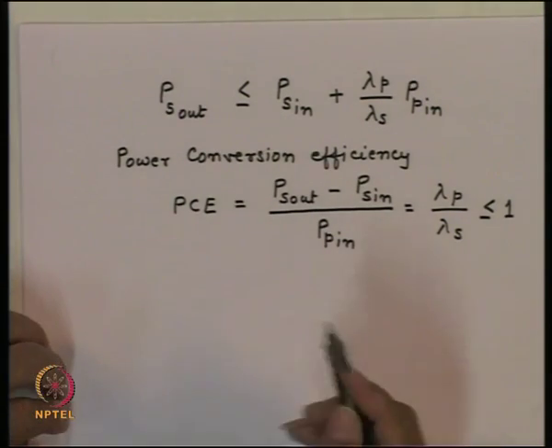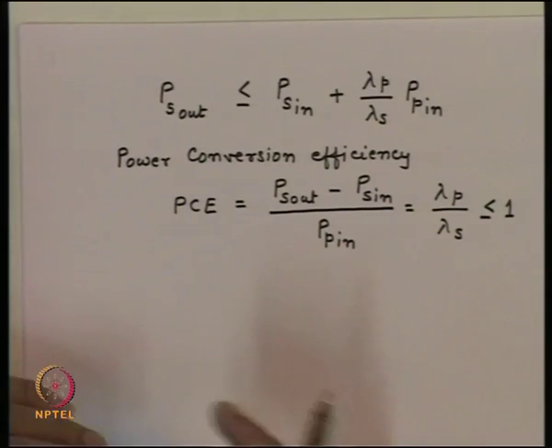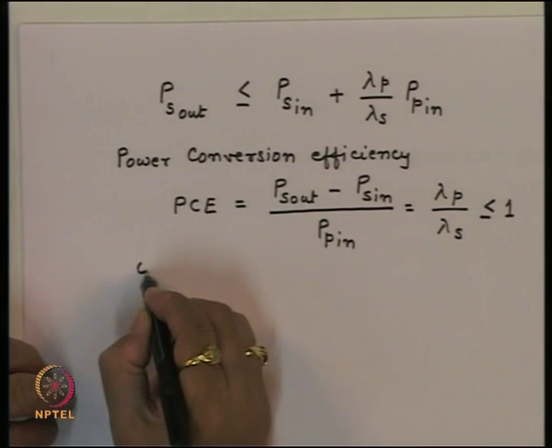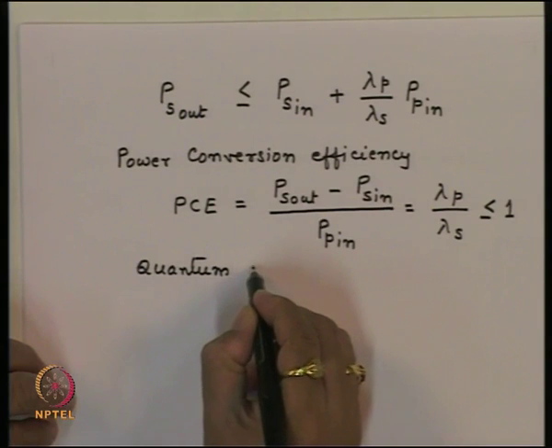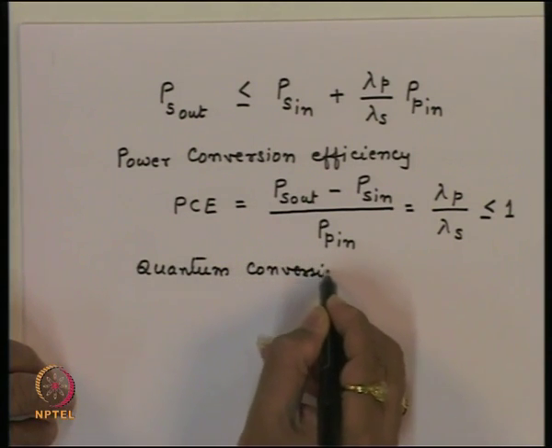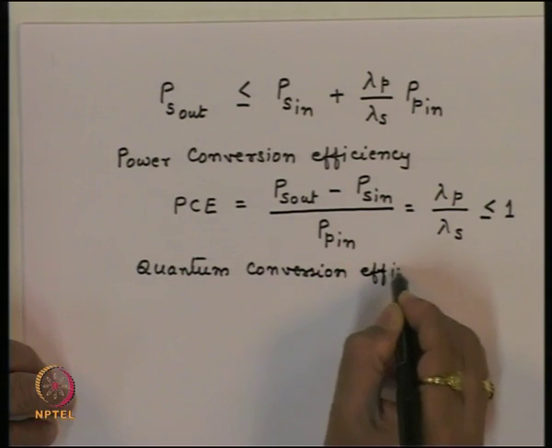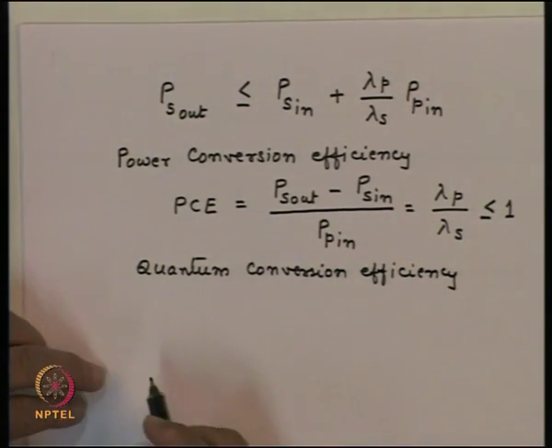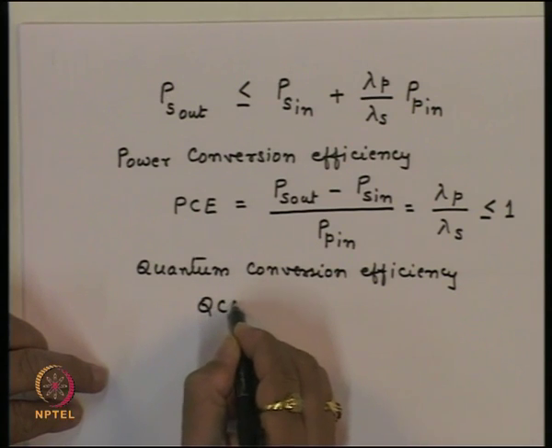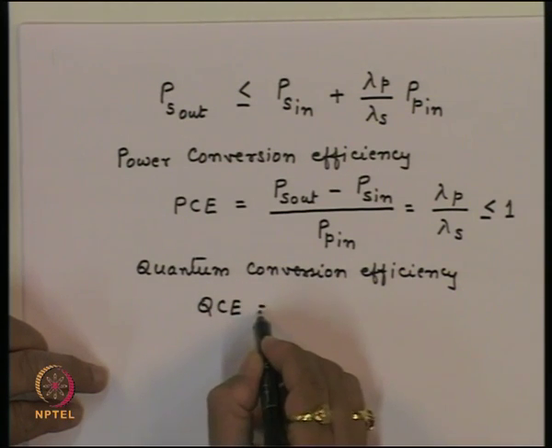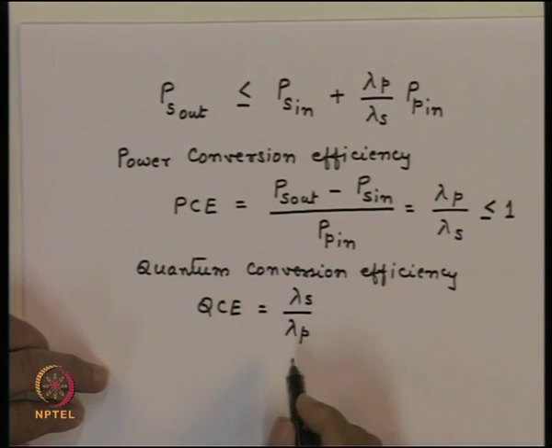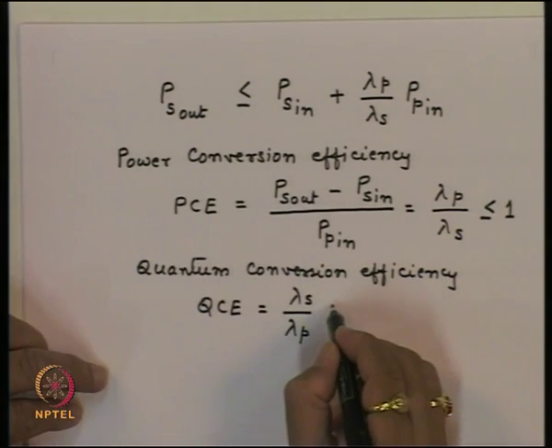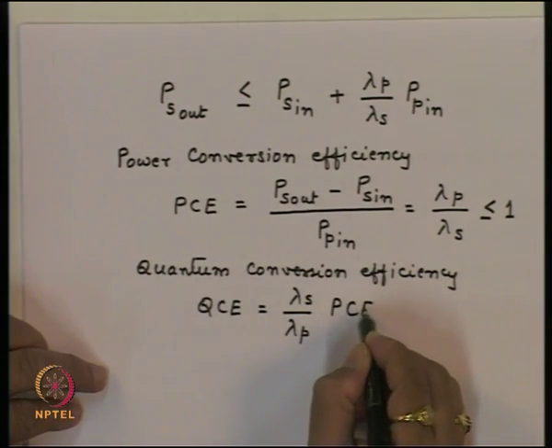So the more useful quantity, which was used earlier for a laser or for detectors, we can define: the quantum efficiency or quantum conversion efficiency, QCE, that is equal to lambda S upon lambda P times the power conversion efficiency, which is PCE.